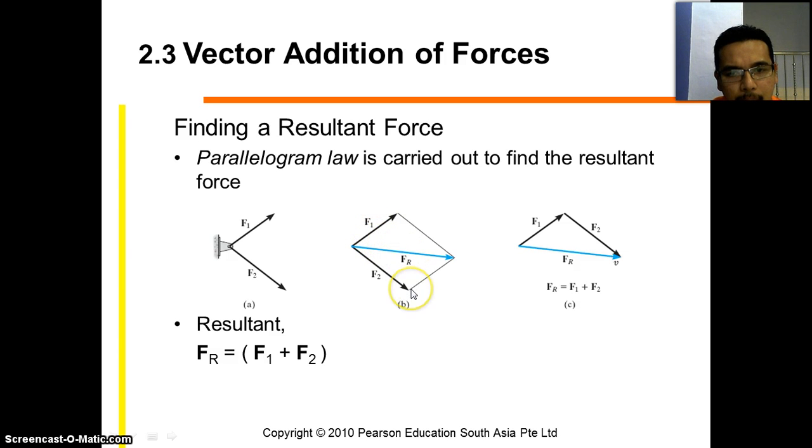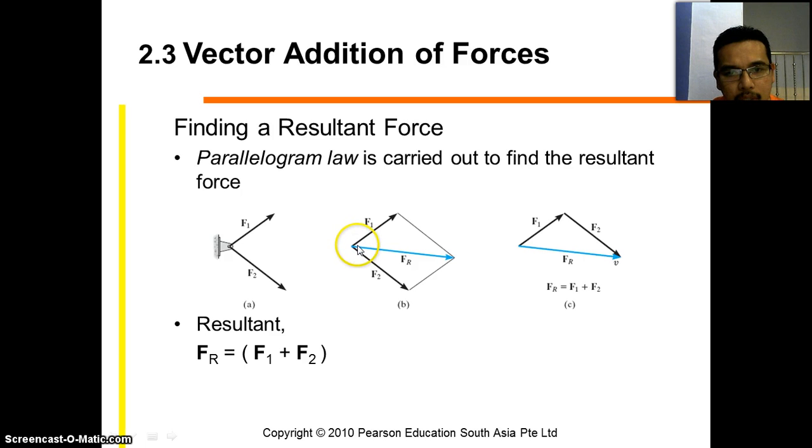You put it parallel, and the tail of the parallel F1 goes at the head of the original F2. Then the other one is F2. You make it parallel to F2, so the tail of F2 goes at the head of the original F1. So here you can draw up a parallelogram diagram.